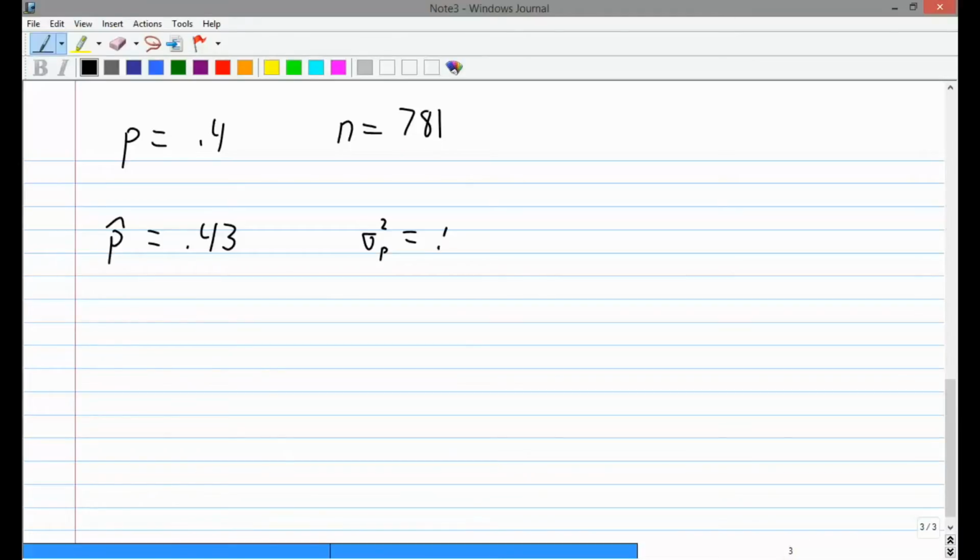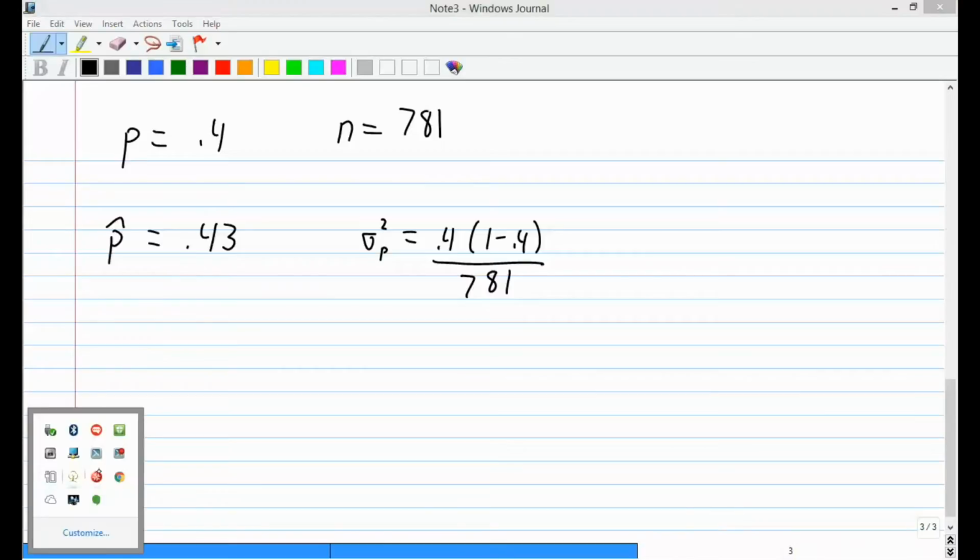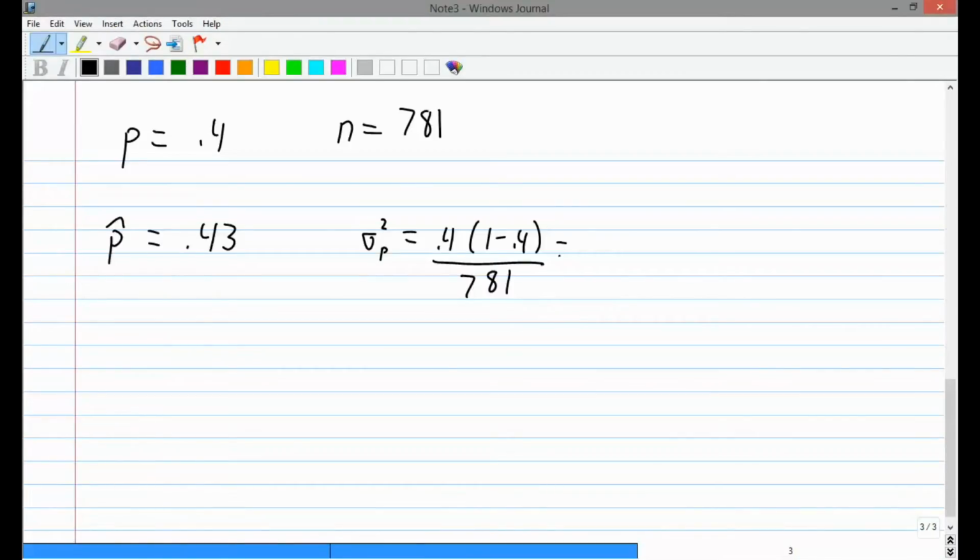It's going to be 0.4 times 1 minus 0.4 divided by 781. So that is whatever that's equal to. You want to take the square root of it so that you can get the standard deviation. I got 0.017529927.